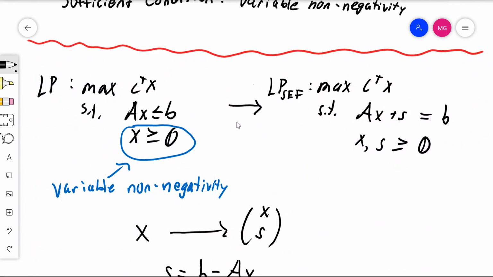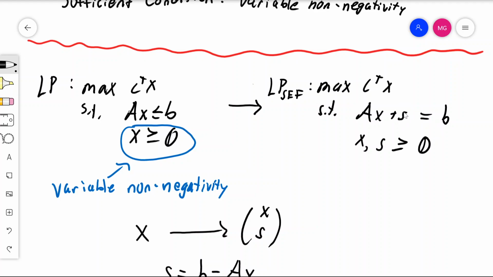Why? Well, how do you go to the SEF version of this linear program? It's the same objective function, but you add slack variables. So instead of Ax less than or equal to b, now it's Ax plus s is equal to b.